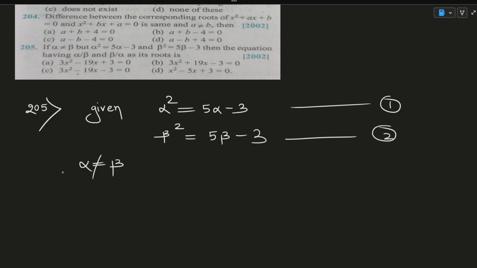It means the two roots are distinct. So we have to evaluate the quadratic equation such that alpha by beta and beta by alpha are the two roots of that equation.